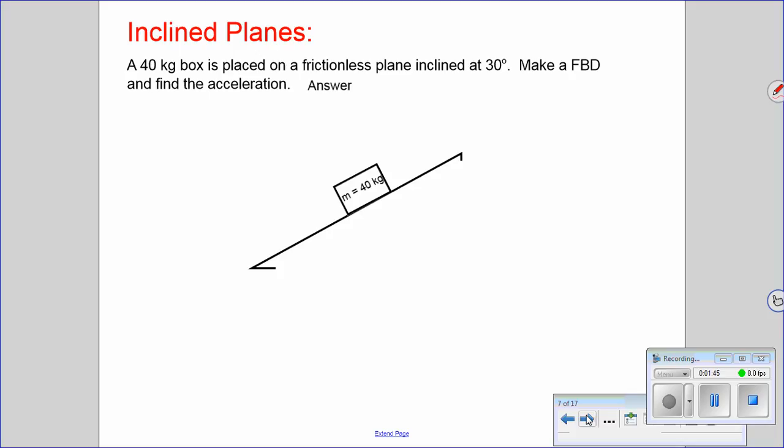If I was going to push it, odds are I would push it up the ramp, in a direction parallel to the ramp. And friction, if there's friction, is going to act either up or down the ramp, depending on which way the box is moving. So for that reason, we're going to rotate our axes. Instead of using an x and a y axis, we're going to use one axis that I call the parallel axis, and another one that's the perpendicular axis.